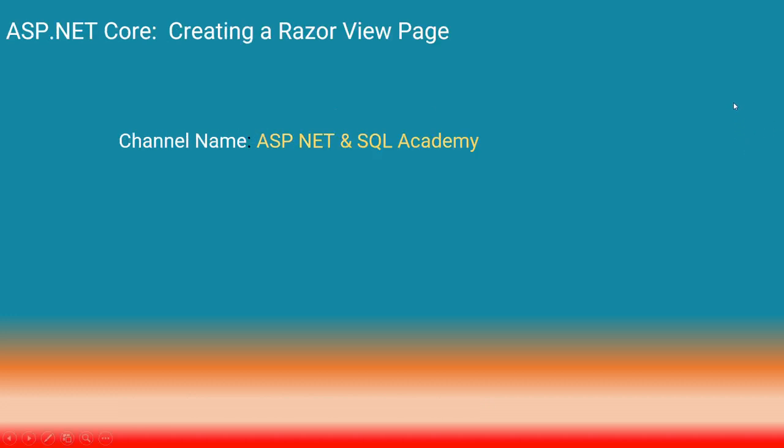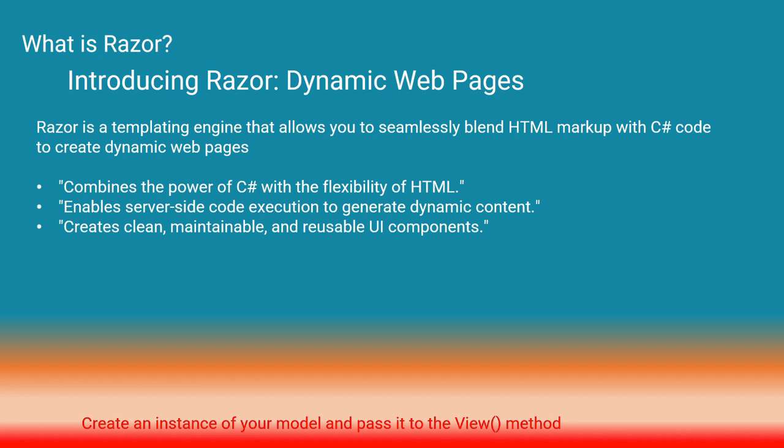Welcome. In this video, we are diving into Razor, a powerful templating engine that is at the heart of ASP.NET Core's view system. Razor allows you to create dynamic web pages by seamlessly blending HTML markup with C# code.